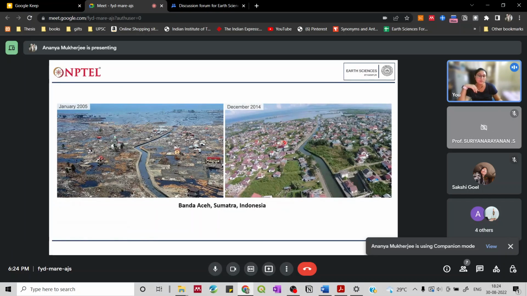And now when you see in 2014, this area is redeveloped. Sometimes when you're redeveloping such areas, and it is a region which constantly faces such disasters, the civil engineers have to take precautions while redeveloping and reconstructing the property over there, so that it can cope with the damages that can happen in any future event.